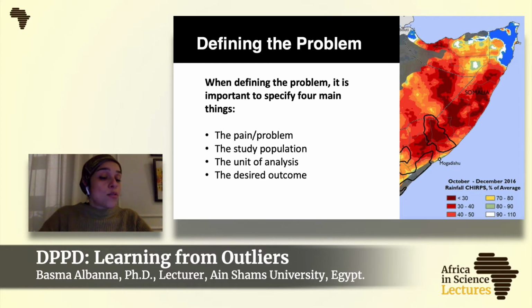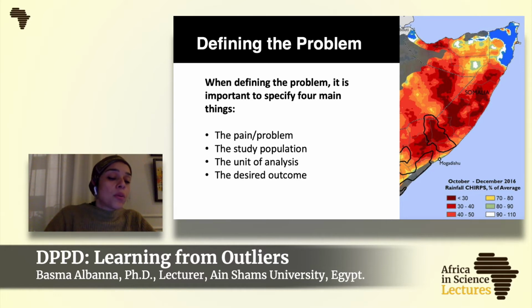In the case of Somalia, the problem that we had was the frequent droughts that are threatening the pastoral livelihoods. The target group or the study population was the West Golis area, a region in the north of Somalia, specifically in Somaliland, with a majority pastoral community. The unit of analysis was 5-kilometer buffers around the settlements that would be used to represent the villages.